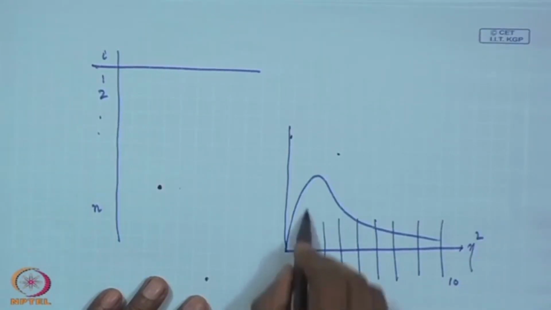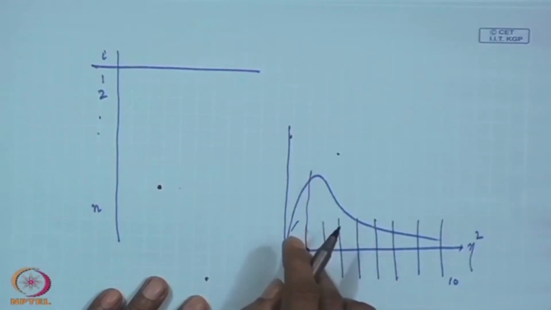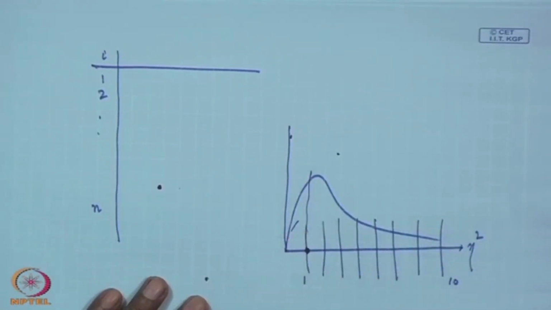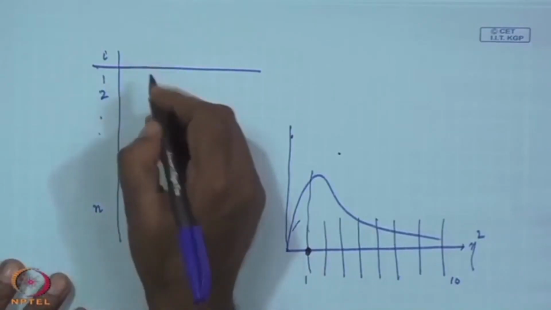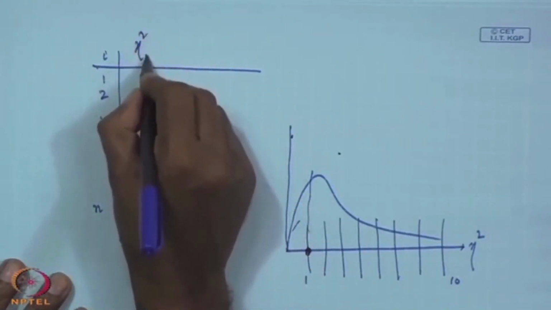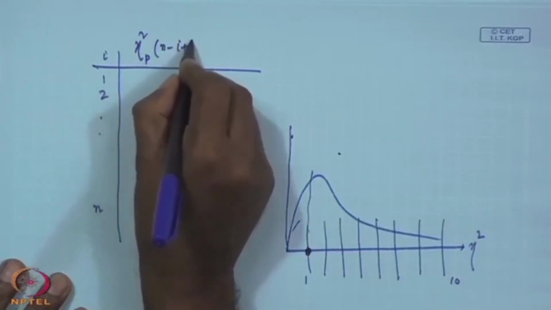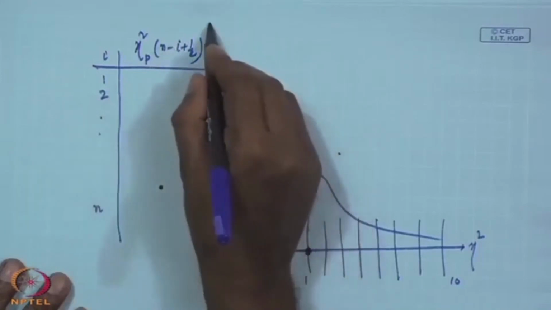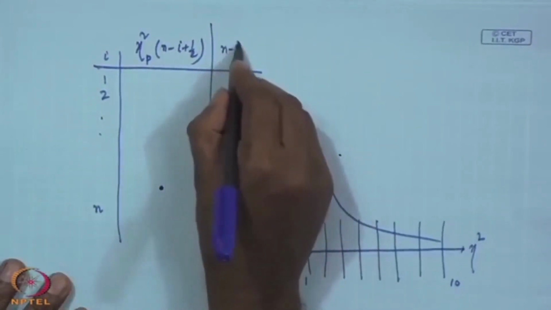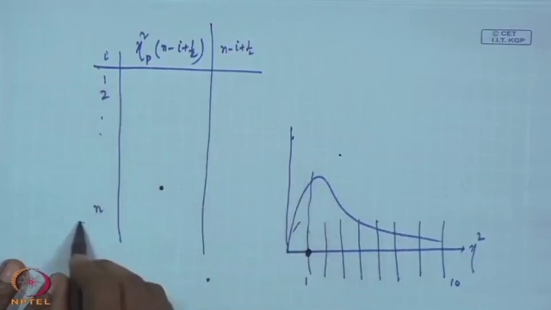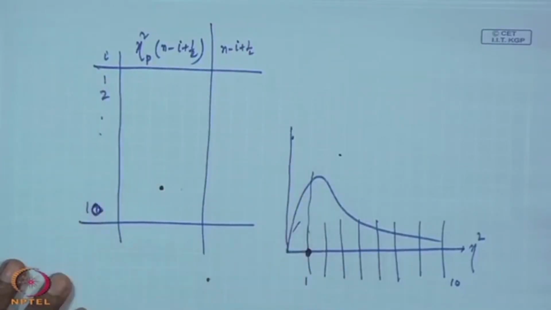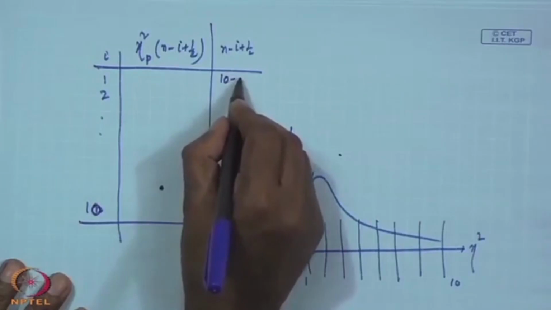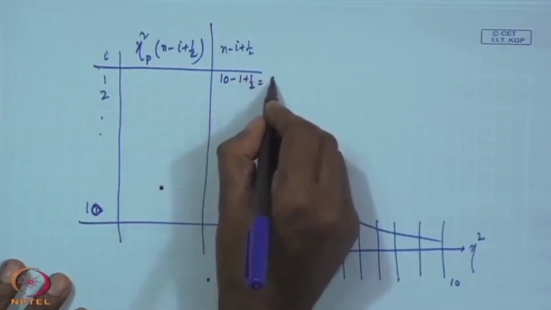So, first you find the probability value, using the right-hand side, because we will be using the table. Then for that probability value you find the chi-square value. That is why you write chi-square p, n minus i plus half. If I want to do a little more manipulation here, what is n minus i plus half? n is 10, we have taken 10 data points. So, this is 10 minus 1 plus half, 9.5.